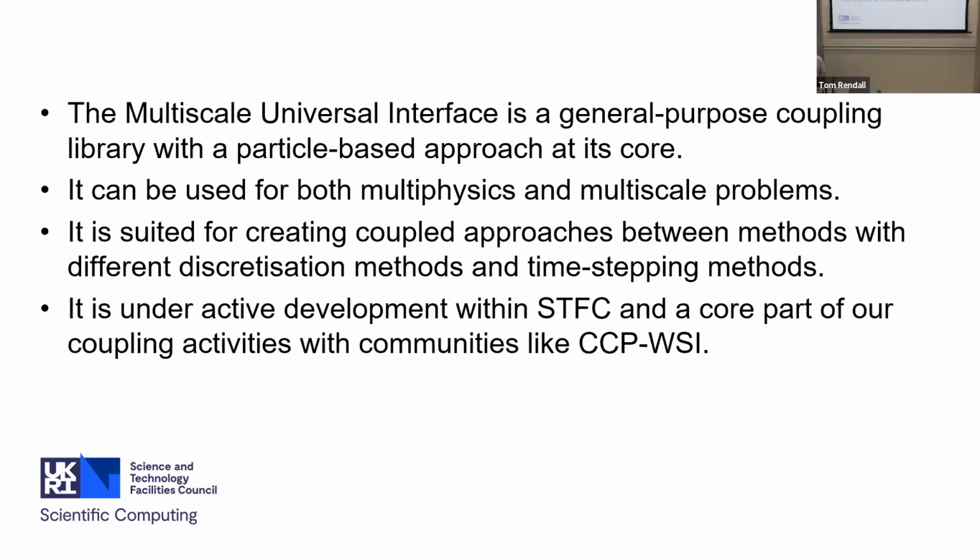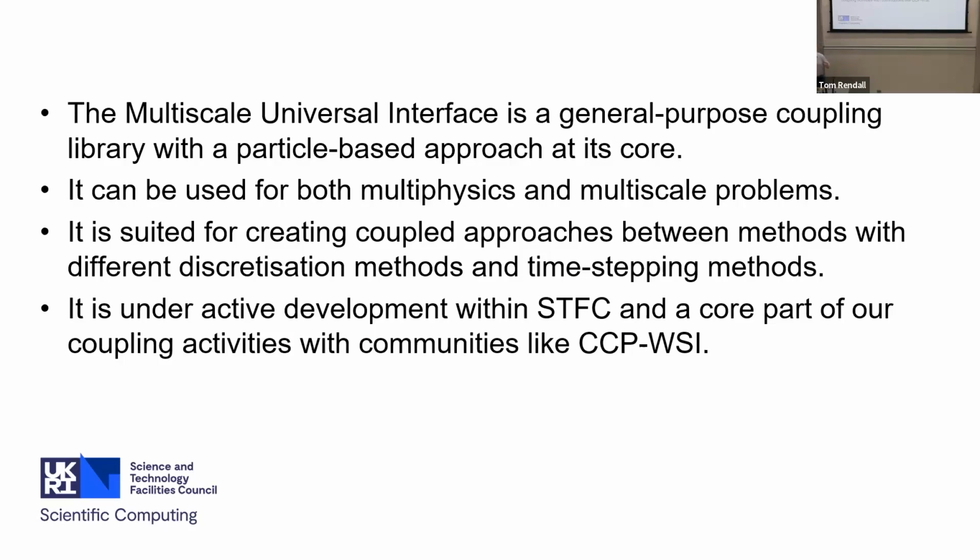Okay, so in conclusion, MUI is a general purpose coupling library, and it's a particle-based approach at its core. So we've made it work with mesh-based methods, and we've introduced things like the radial basis function spatial filter to make it appropriate for use with mesh-based approaches, but actually it's directly appropriate for use with SPH. So you might introduce an SPH kernel in its spatial interpolation framework.